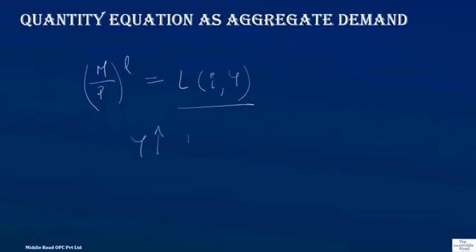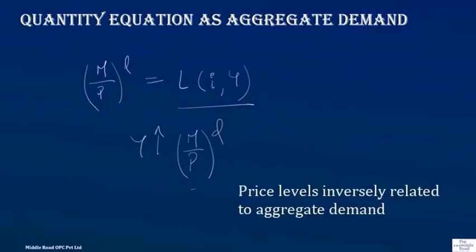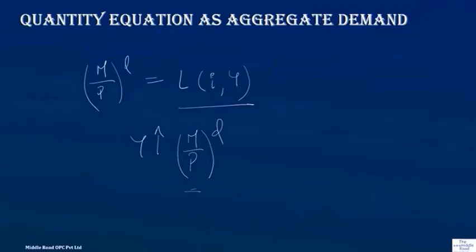Demand for real money balances is positively related to Y: as Y increases, so does the demand for real money balances, whereas it is inversely related to i. It is ultimately inversely related to P. As the price level goes down, demand would increase because P is in the denominator.